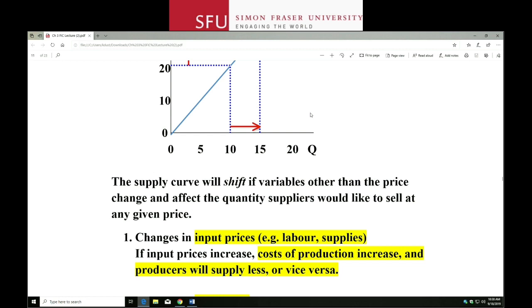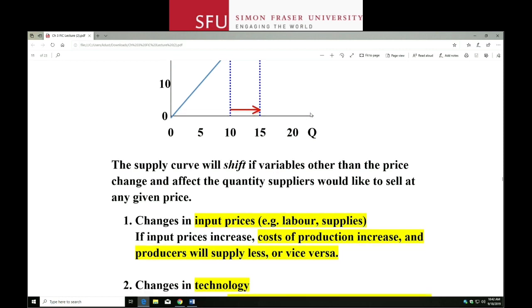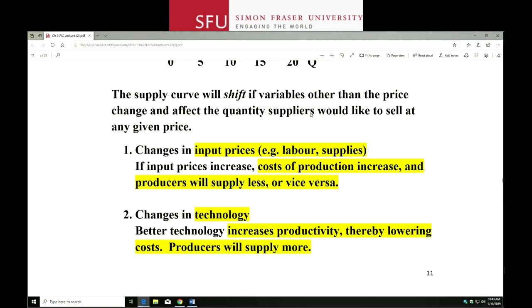All right, next thing that will affect profit is technology, because technology also changes the cost of production. So if you get a better machine, for example, better machine means lower cost of production, more profit, you'll want to produce more. Okay, so better technology increases productivity, thereby lowering the costs.